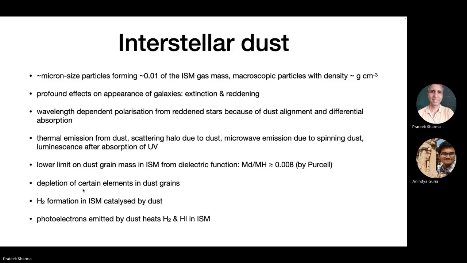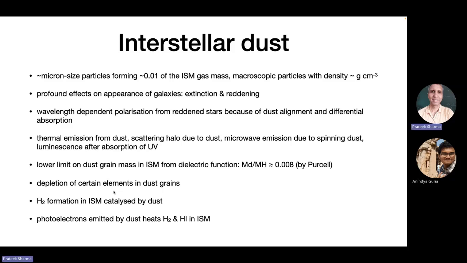The other thing is, if you look at the gas phase abundance of certain elements, like oxygen, aluminum, silicon, carbon, you find it to be less compared to the abundance in the solar photosphere.